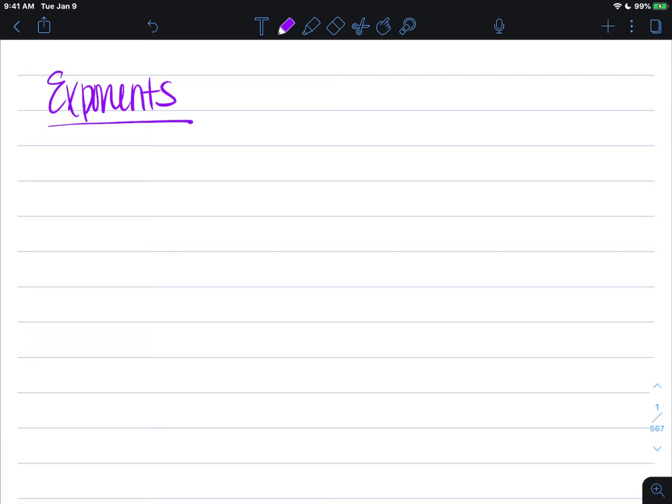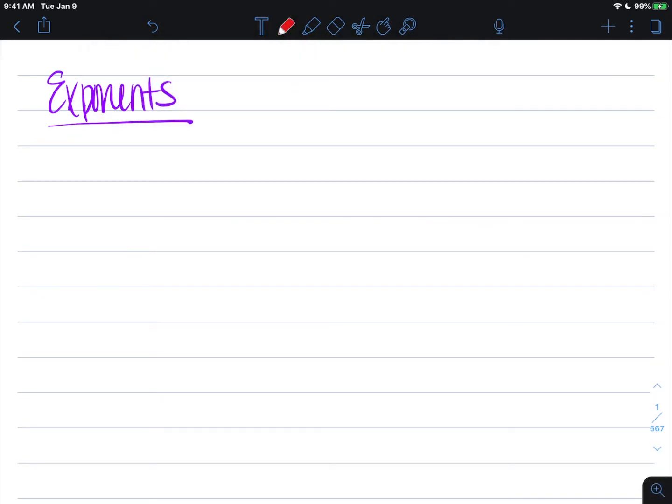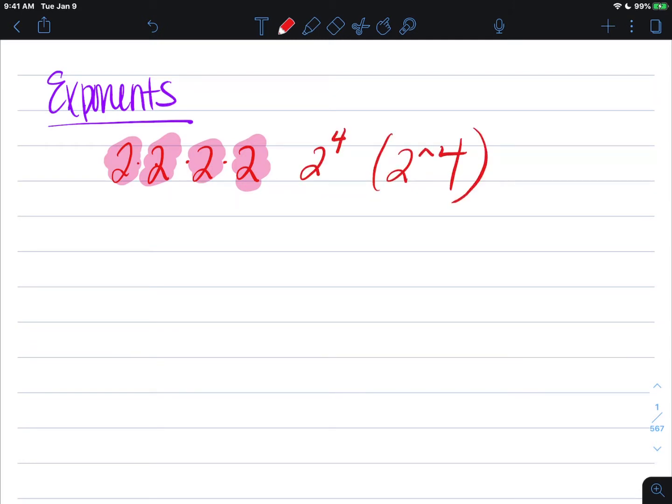So exponents are just a shortened way to write things that are multiplied together that are the same thing. Let me give you an example. Let's say I wanted to write this out in shorter form. Instead of saying 2 times 2 times 2 times 2, I would instead say 2 to the 4th power. Sometimes it's written like that if you were typing it into a calculator or a computer.